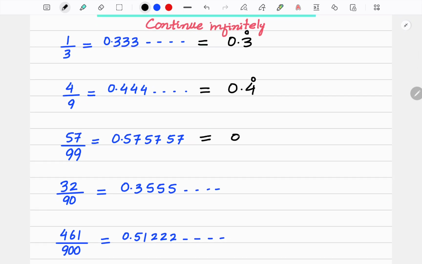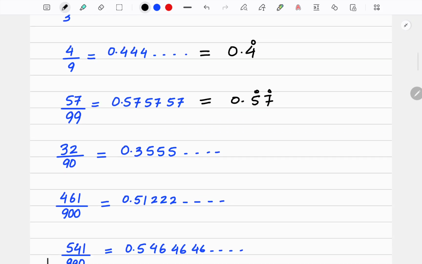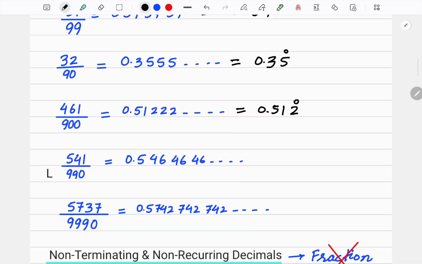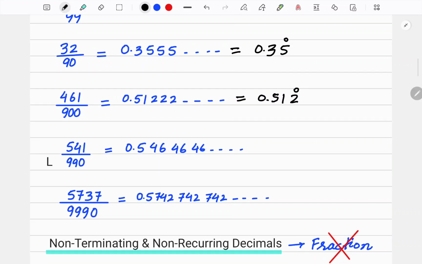In this example 7 is repeating, so we will put dots on both. For 0.35555, only 5 is repeating, so only a dot on the 5. In 0.512222, 51 is not repeating, only 2 is repeating, so we will put the dot on the 2.